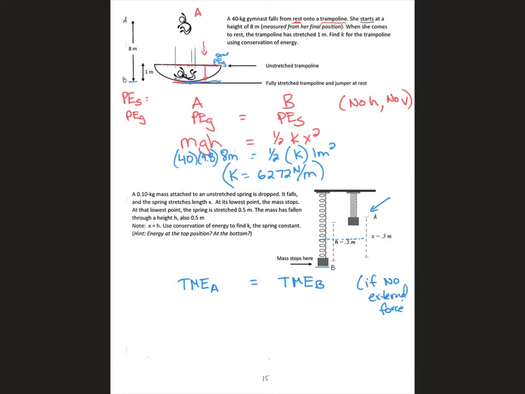No applied force, no tension force. Gravity is considered a conserved force, so it does not affect the total mechanical energy. At A, the spring is basically at rest, but it's elevated above its lower position, and it falls. So at the very top, it has a form of potential energy.